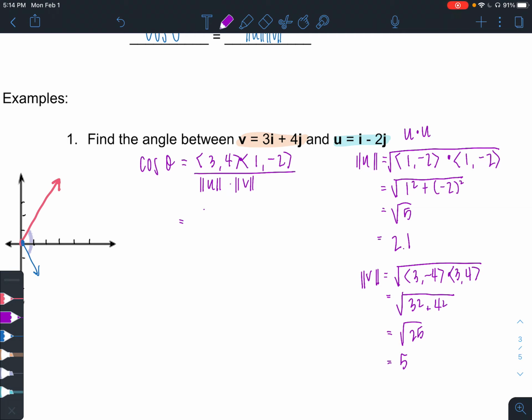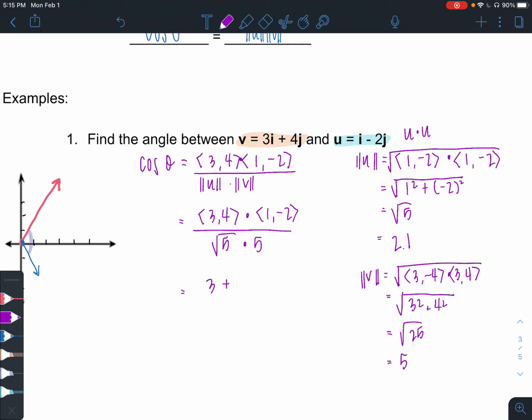Alright, so then we will go ahead and plug those in. So we have 3, 4 dot 1, negative 2 all over 2.1. Actually, let's leave it as the square root of 5 just to keep it exact. Times 5.